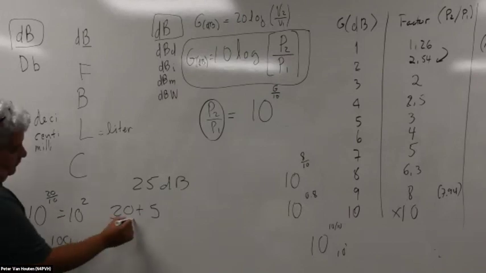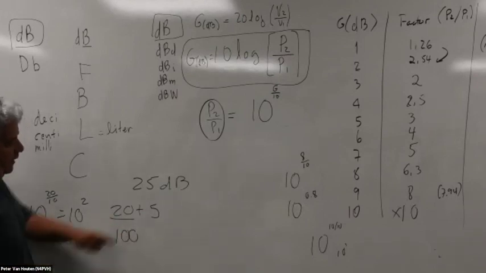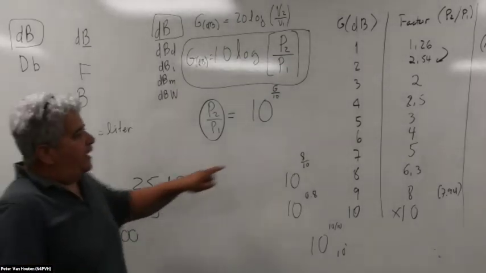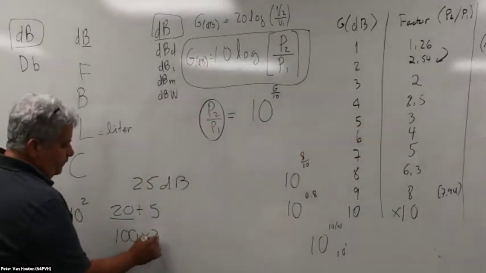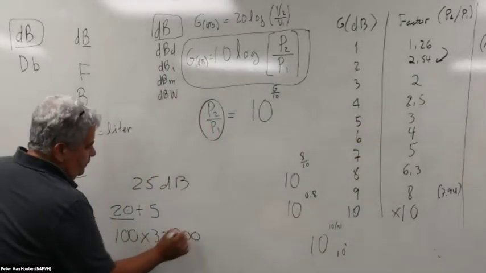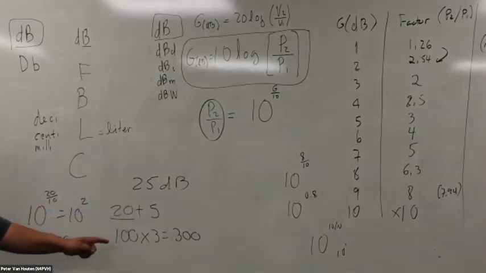So I know that this part gives me 100. And from the table, the number 5 dBs is 3 more. So 25 dBs is a power factor of 300.